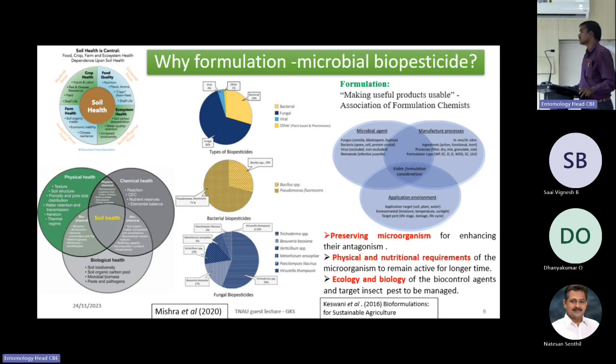For example, Bt endospores need very minimal nutritional requirement, and we consider what type of environment it needs. For example, in the case of conidia, they need minimum moisture at the time of germination. So that has to be provided by the formulation we are making. So these three factors we have to consider very critically when we choose a formulation for a microbial pesticide.